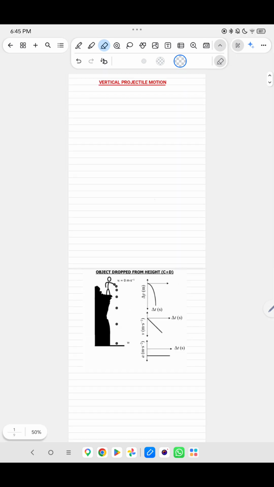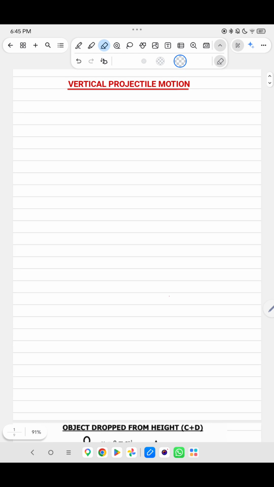So, this graph, let me redraw it. This is time, and on the y-axis is acceleration. So now we are dealing with vertical projectile motion, right?